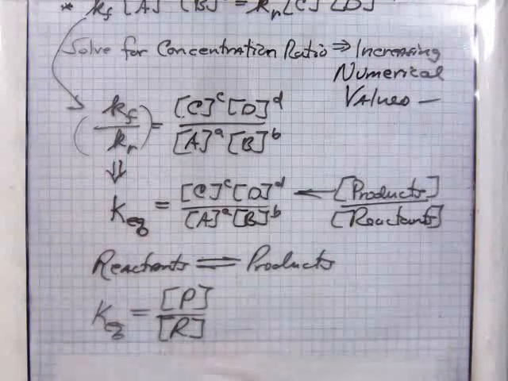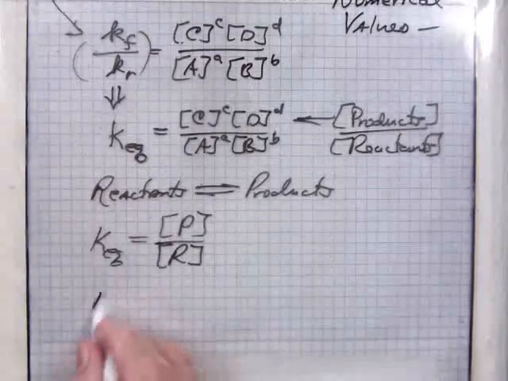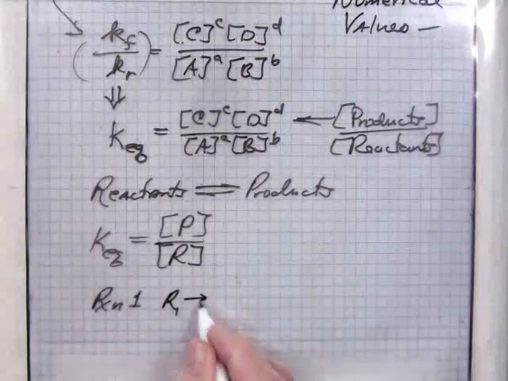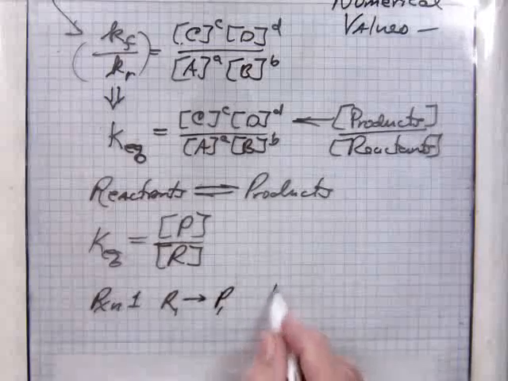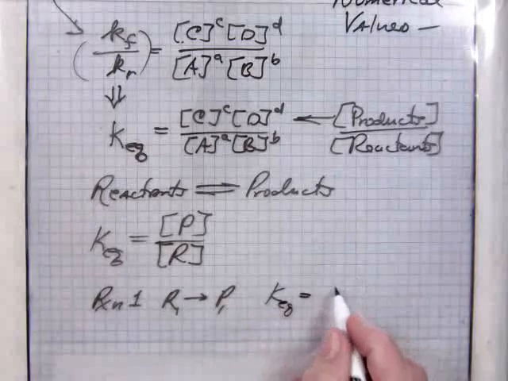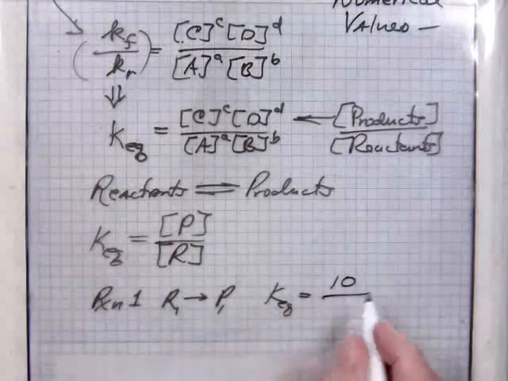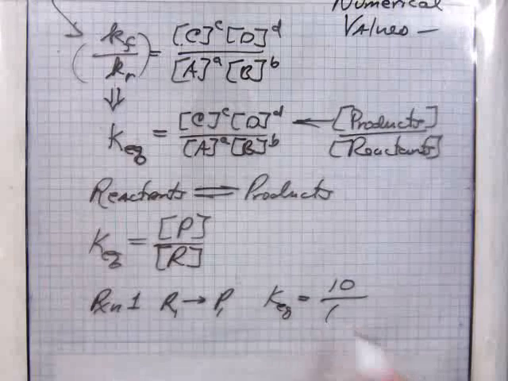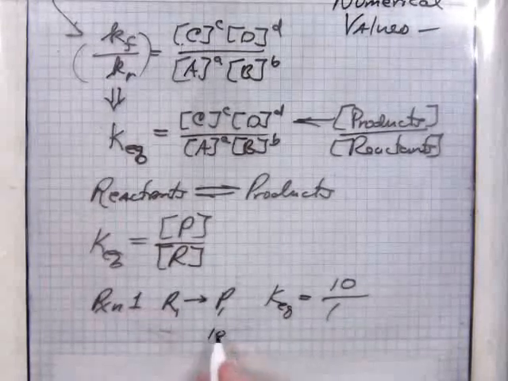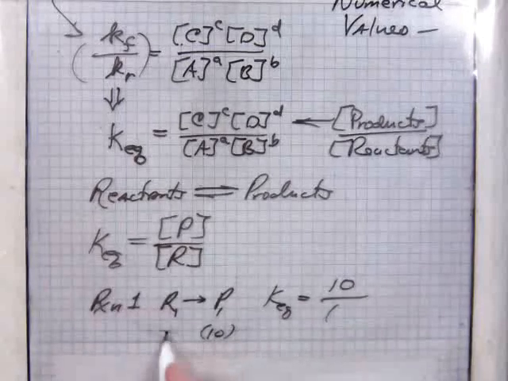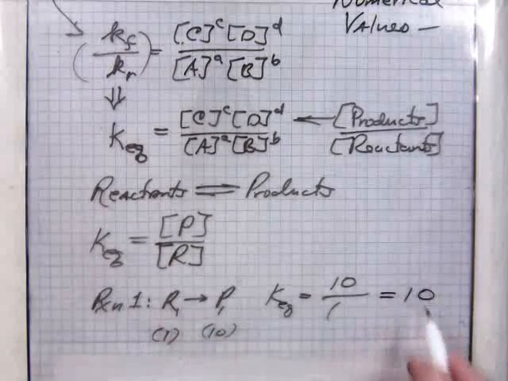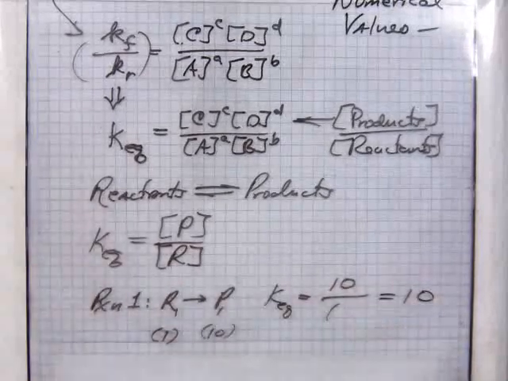And say, reaction 1: reactants 1 going to products 1, and so the K equilibrium, let's hypothetically say that the products are 10 units and the reactants are 1 unit. And so, of course, that is a K equilibrium equal to a value of 10.